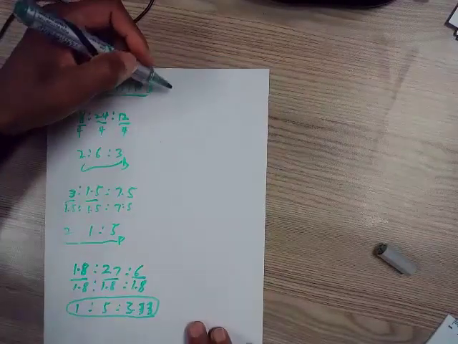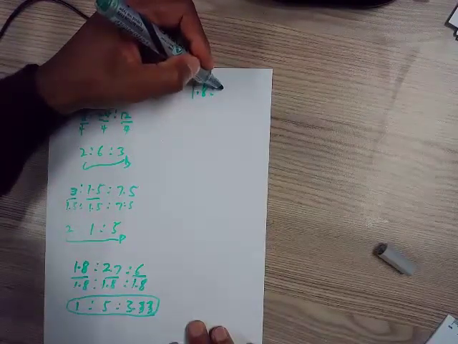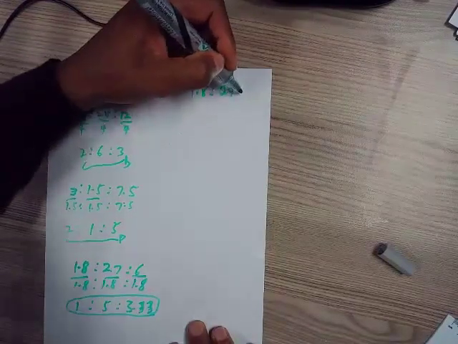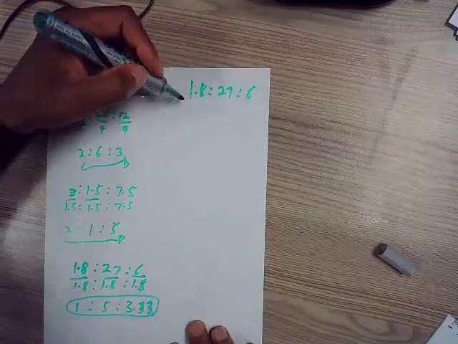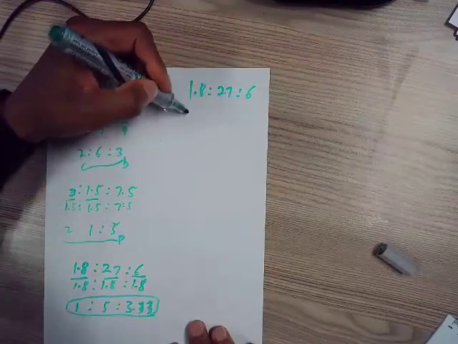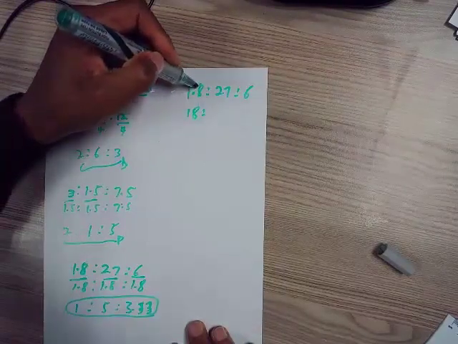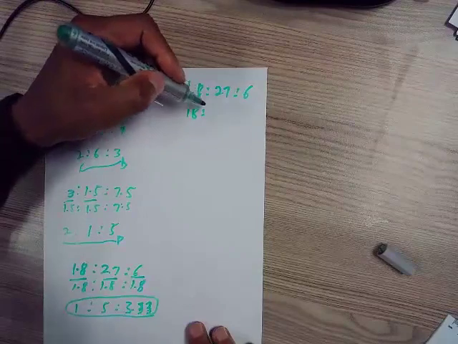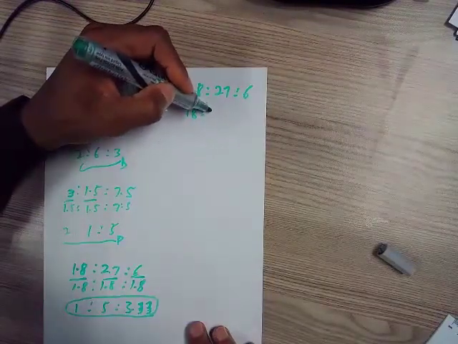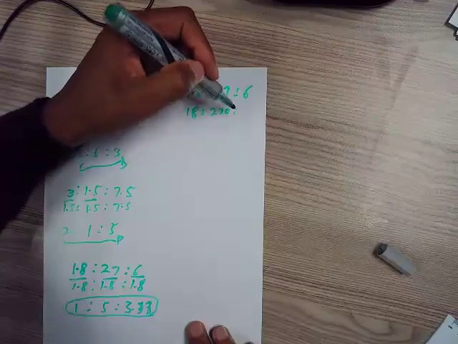So say 1.8 is to 27 is to 6. I'm going to multiply by 10 to get rid of this 1 point something. 1.8 times 10 is 18, 27 times 10 is 270. Just add the 0 at the end.